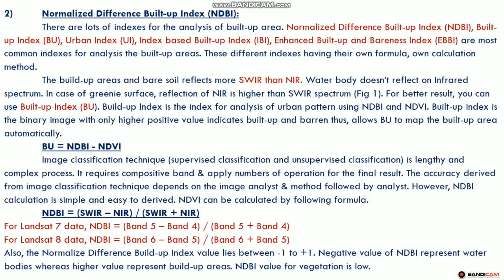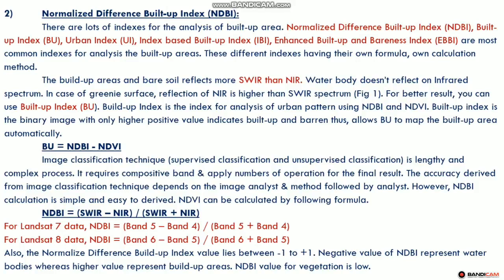So we take the difference of the normalized difference vegetation index from that of the normalized built-up index in order to get the built-up index properly. Now that's what we use in order to classify the accurate result for the built-up index.